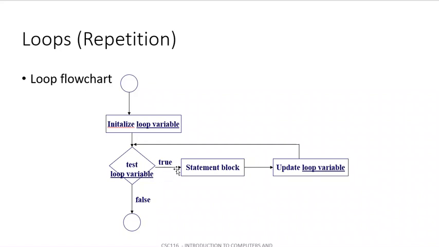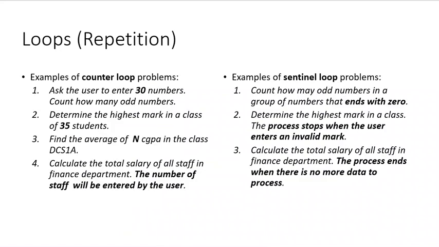If true, we execute the statement, and then we update the variable, and then repeat the process. Once you update the loop variable, check again whether the value of the variable is true or false according to certain condition, right?